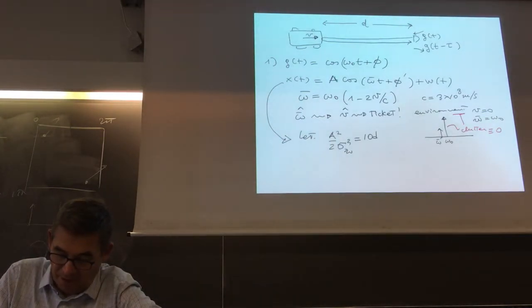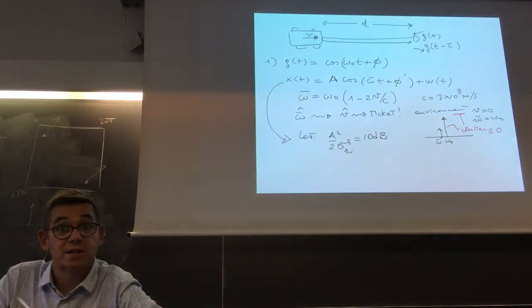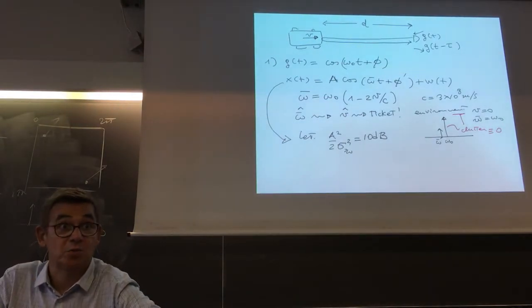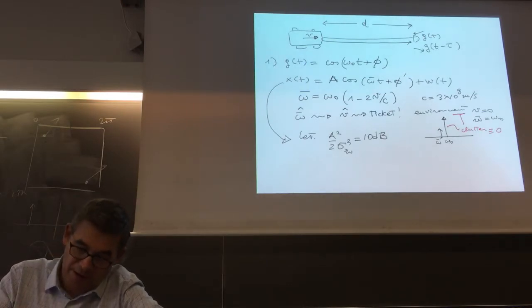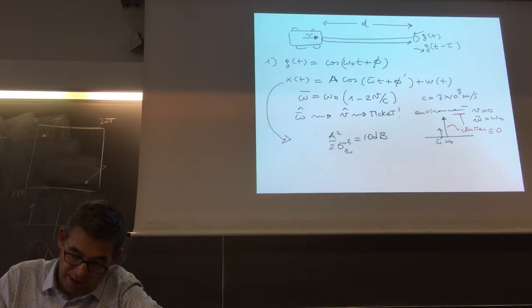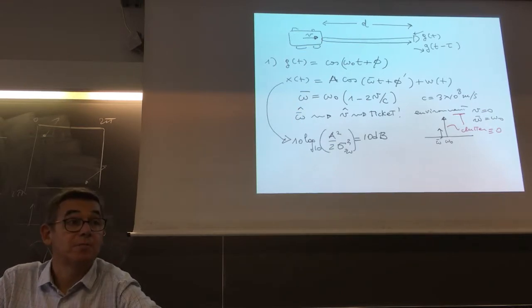So what is 10 dB? Let's discuss with our friend that doesn't know what the dB is. That means that this ratio is evaluated on a logarithmic scale. We have 10 times the logarithm in base 10 of this, equal to 10 dB.